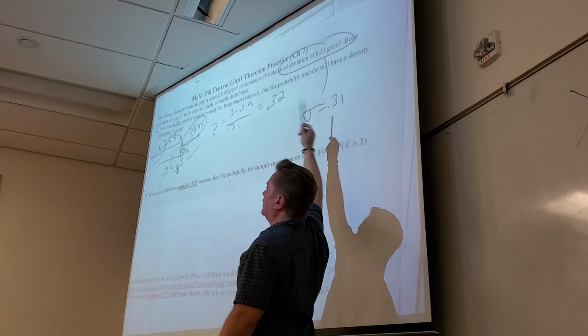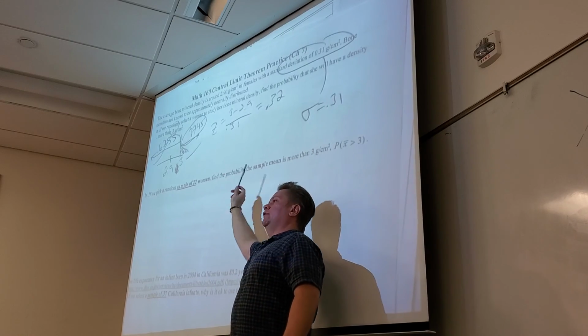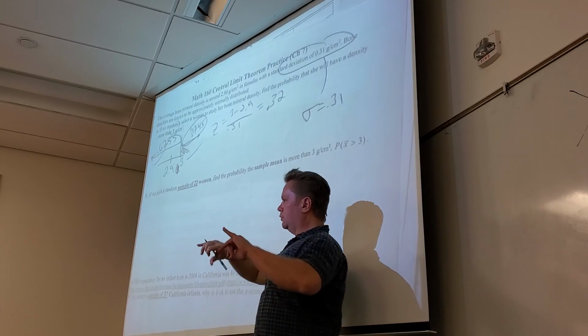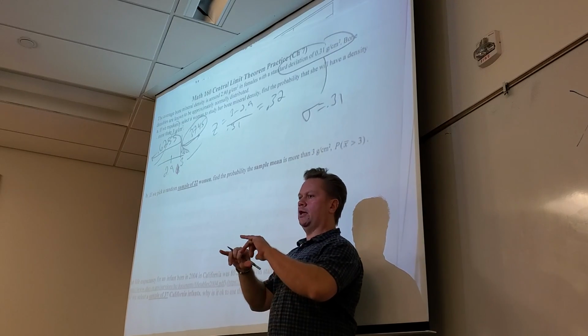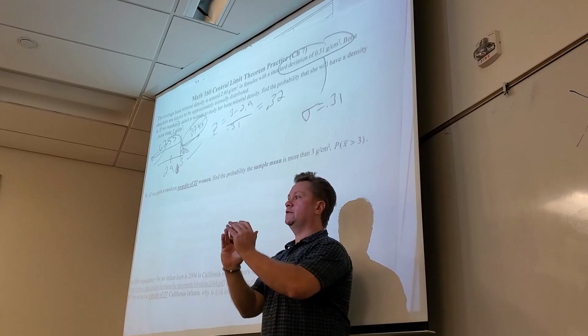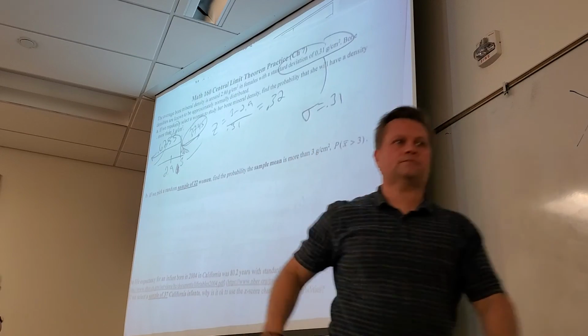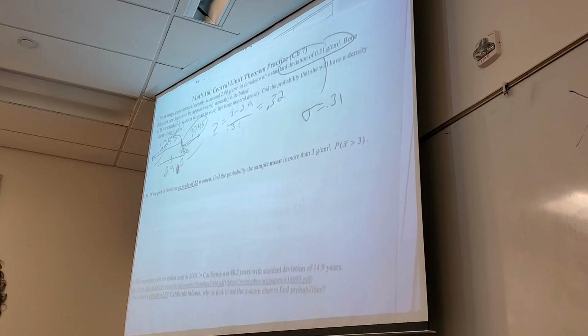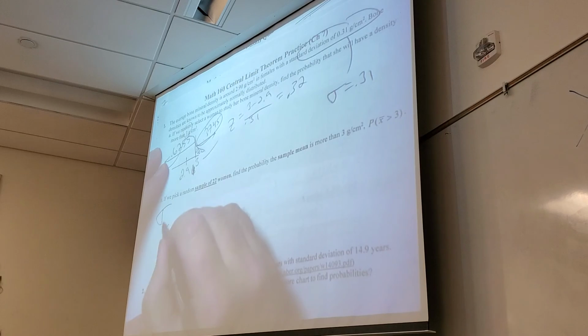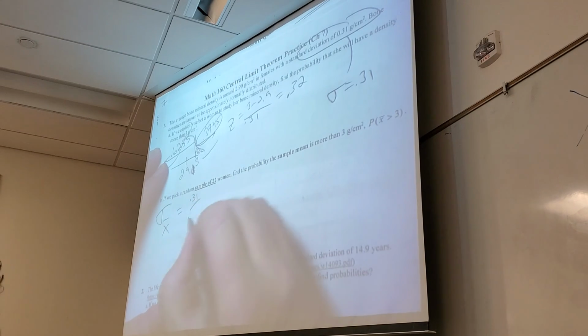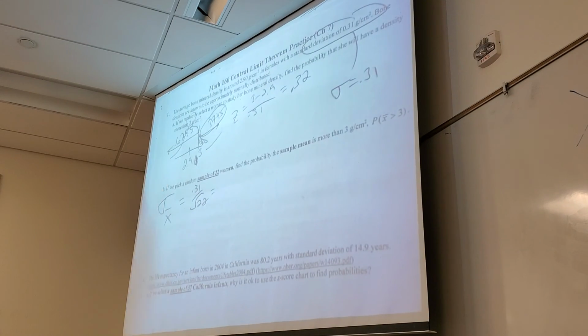So I've got to take this and divide by the square root of 22. That's really what I'm doing in that step: creating a standard deviation for groups of size 22, not just individuals. So the very first thing I do is change the standard deviation. What do you guys get for that? 0.066.